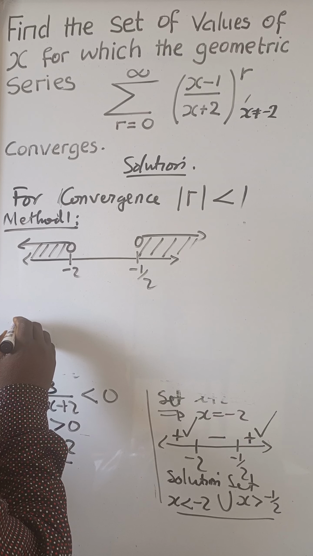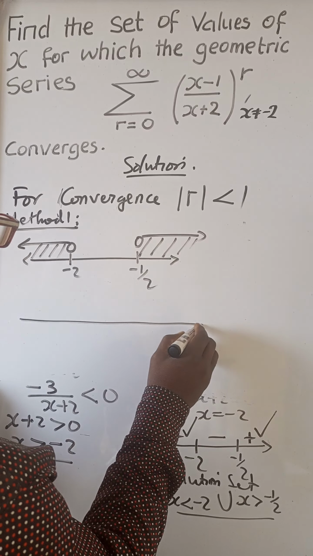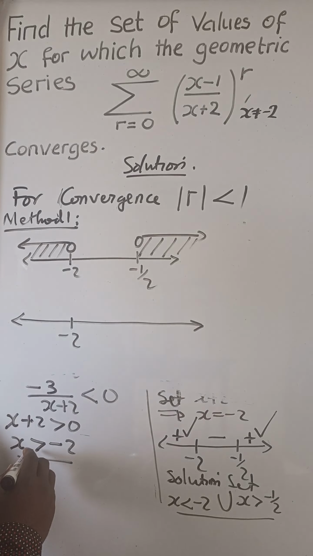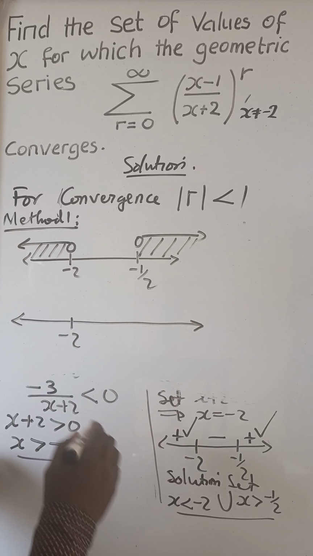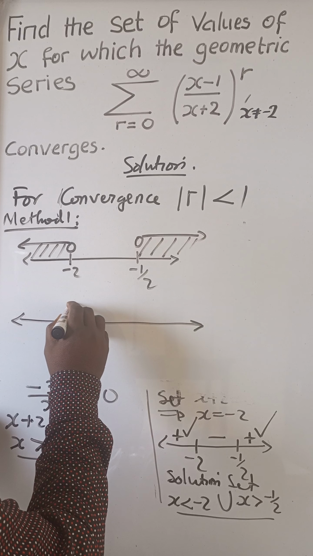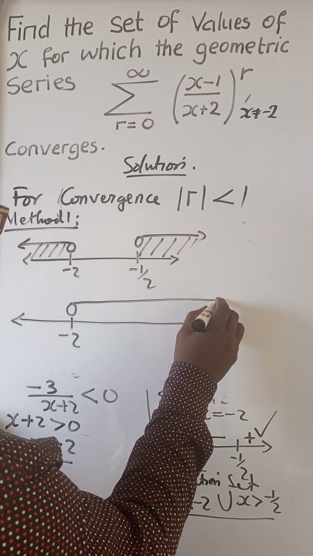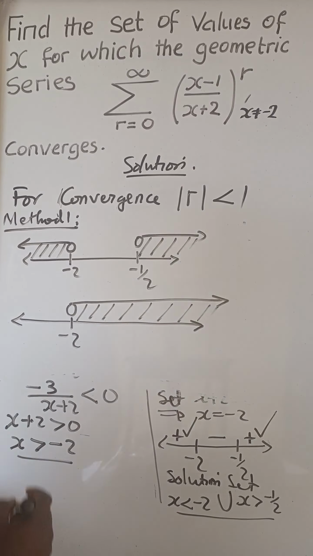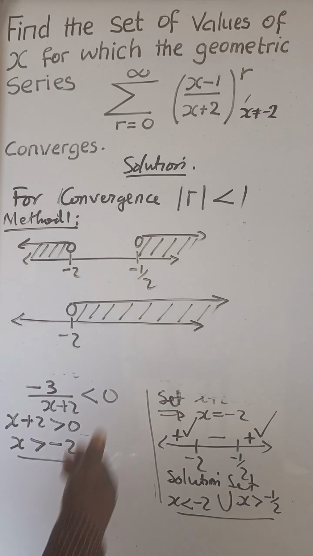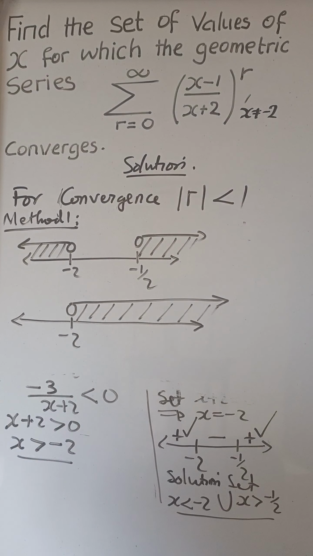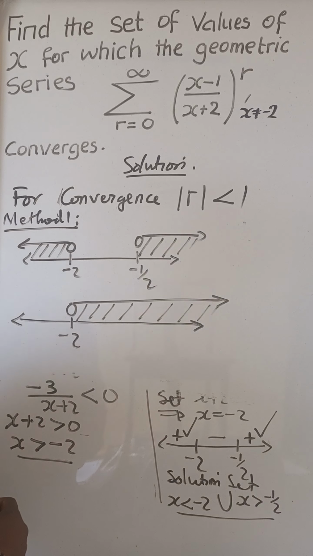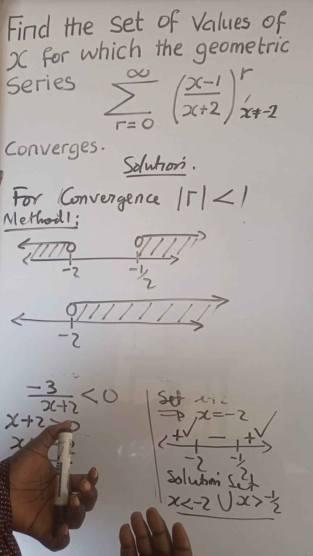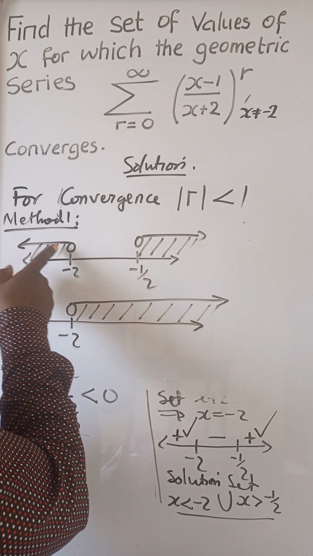Now let's represent this other solution. This is negative 2. It says x must be greater than negative 2. That means all values this way. Now, what then is the intersection zone with these two number lines? Remember, intersection zone means zones where we have solution in both number lines. Part of the solution is this way.